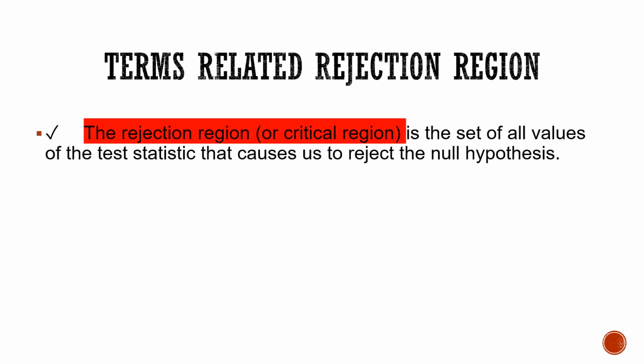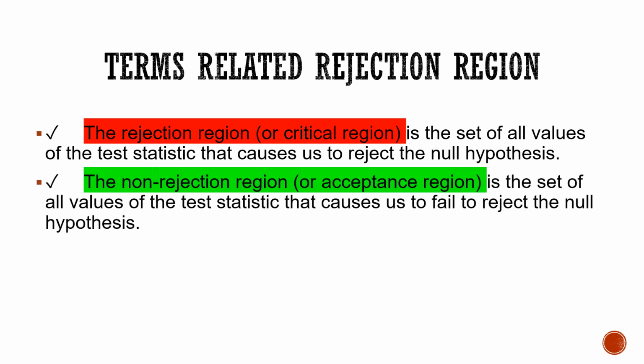Let us discuss terms related to rejection region. The first one, of course, is the rejection region, also known as the critical region, and it refers to the set of all values of the test statistic that causes us to reject the null hypothesis. The second term is the non-rejection region or acceptance region.